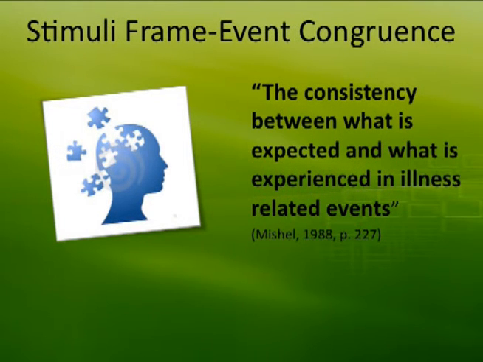Event congruence. Event congruence is the consistency between what is expected and what is experienced in illness-related events. If a patient expected a cure from undergoing radiation therapy and had 5 years of cancer-free checkups, then suddenly the tumor recurs, his or her uncertainty will be increased.